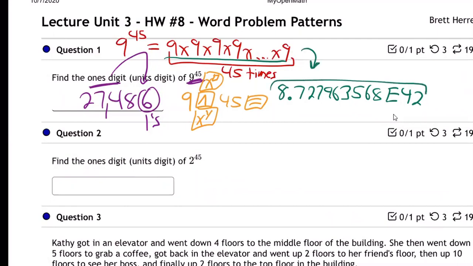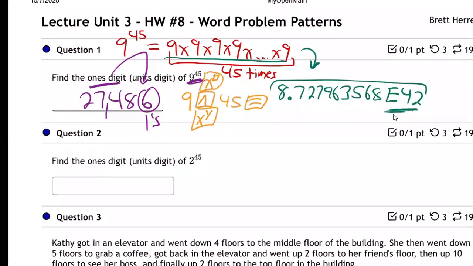So what's the ones digit? I want to say it would have to be 8, but since there is E to the 42nd, which means there's more numbers after it, I can be wrong.